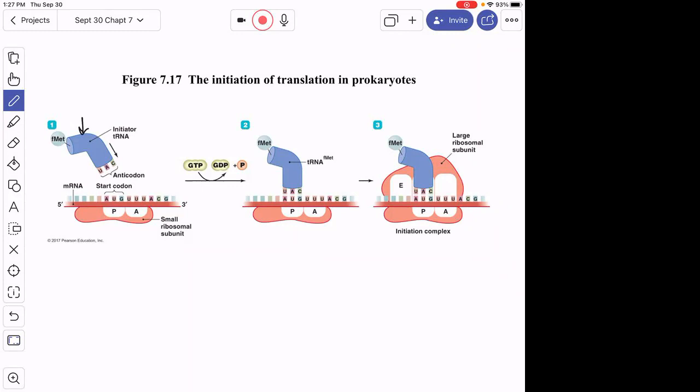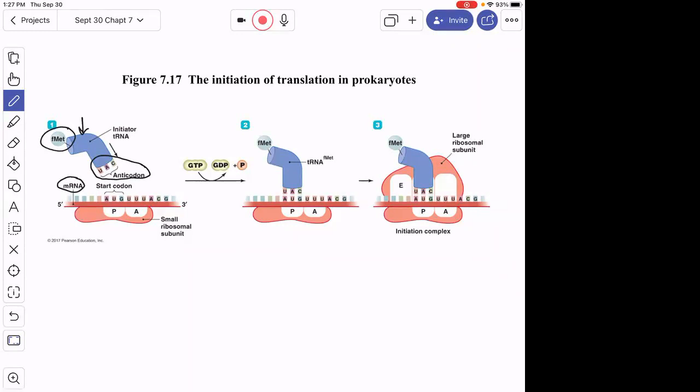And depending especially on the sequence of the anticodon of the tRNA, that's going to determine which amino acid it's carrying. Okay, so here's the messenger RNA.